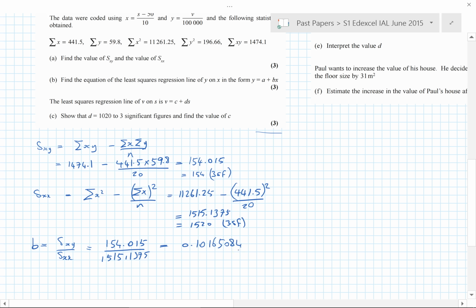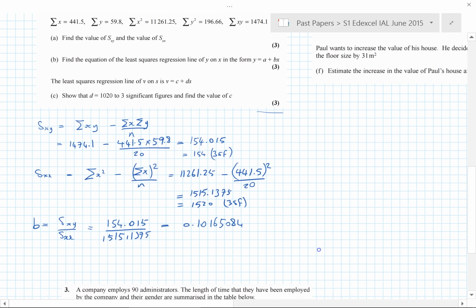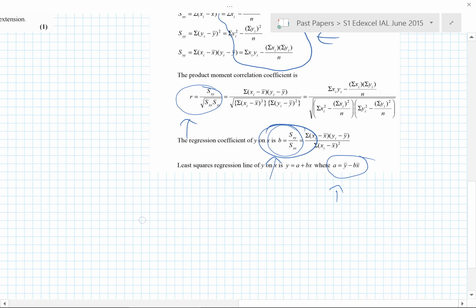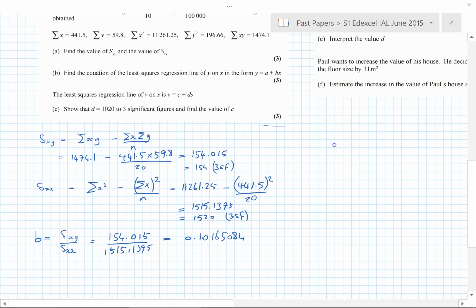Now we're not going to write that in our regression line, but I would advise storing this in the calculator because we're going to use that for the next line. Okay, now there is a formula for working out A, which is here. I tend to just use common sense though, but you can use the formula there.